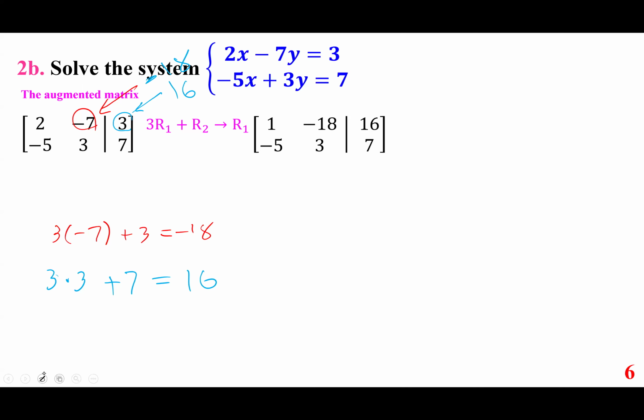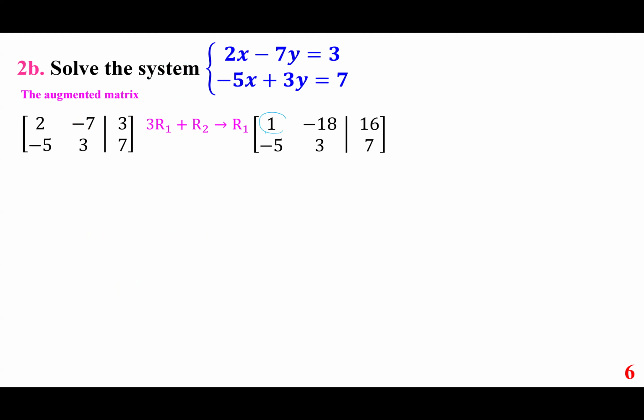When I erase my work, you got the 1 here, and that's good. Everything underneath must go to 0. So how do we make this one 0? To do so, we can multiply this one by 5 and add it to this one. So we write 5R1.